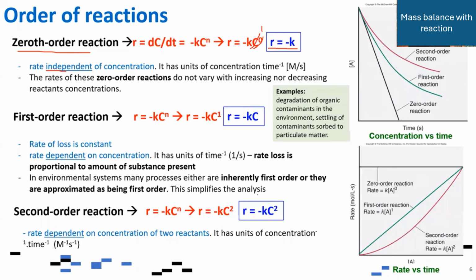You can see from this graph here, this is the rate and this is the concentration. So rate versus concentration: the higher the concentration, the rate of reaction stays the same. All right? It's very constant here.